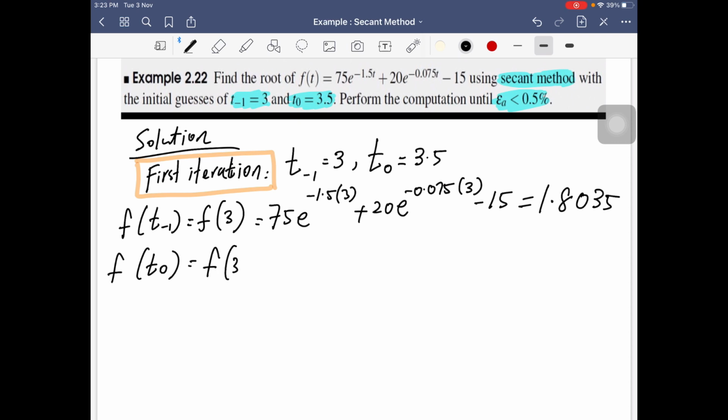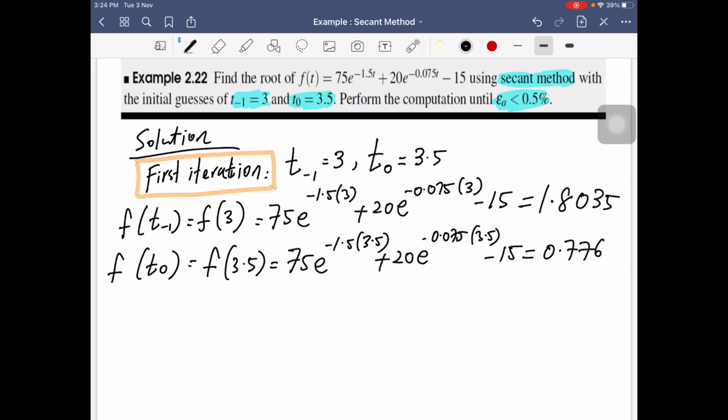And then next you calculate f(t naught), f when t naught is 3.5. This will give you 0.7761.